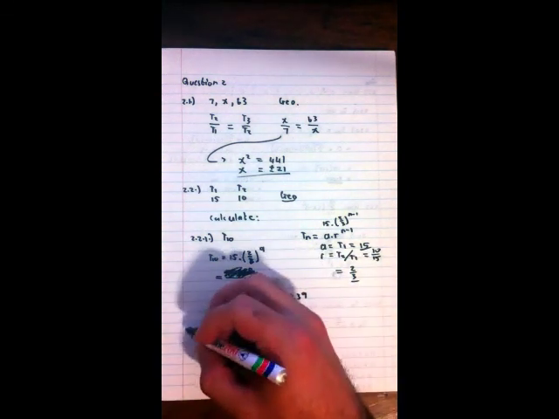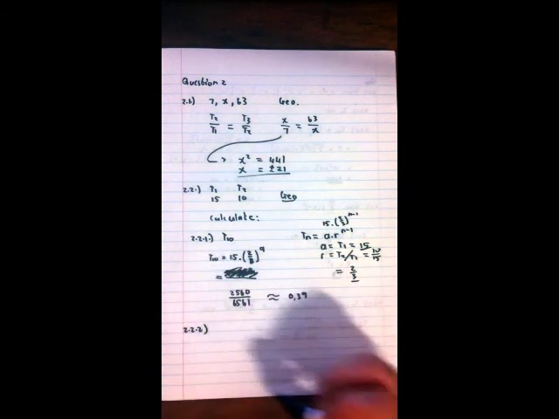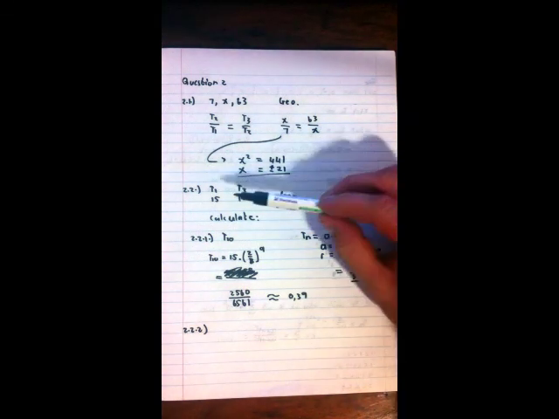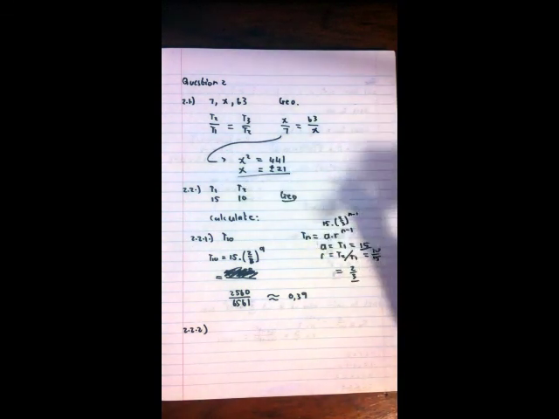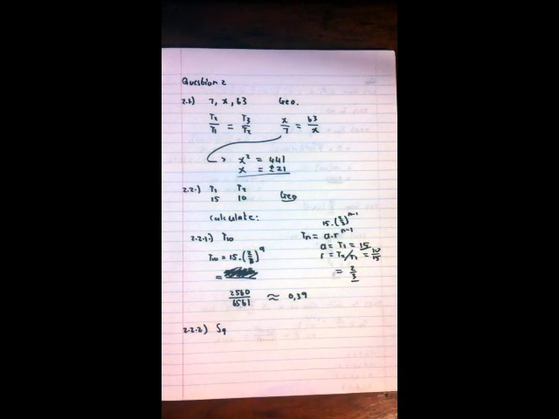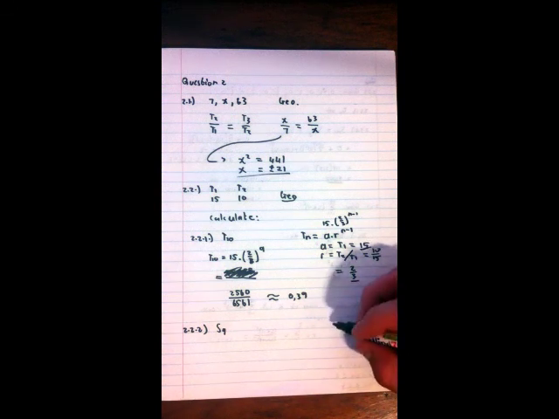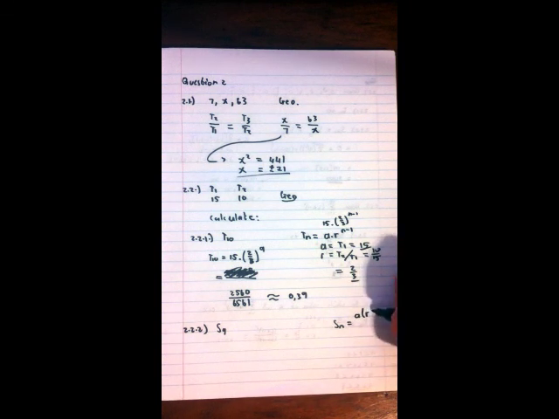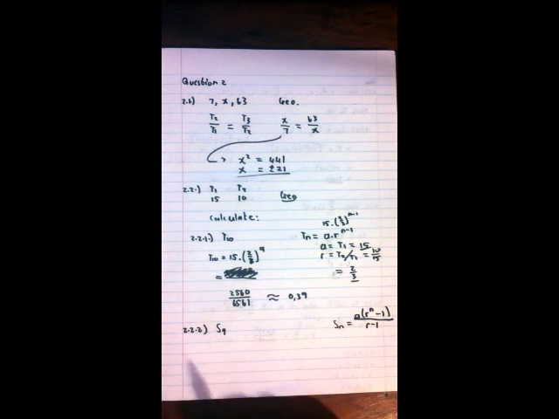Now question 2.2.2, it's a continuation of this question here. They ask us, what is the sum of the first 9 terms of that sequence? Okay, the general rule for the sum to n terms in a geometric sequence is a times r to the power n minus 1 all over r minus 1. We know a, we know r, and we know n in this case, which is 9. So let's calculate.